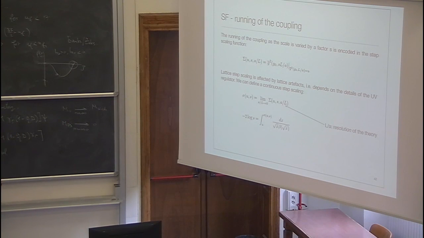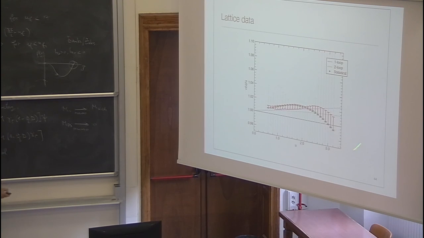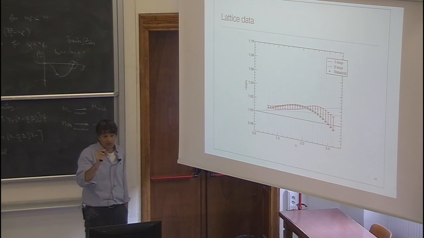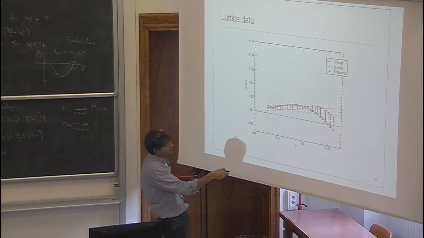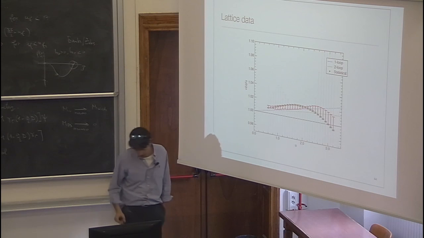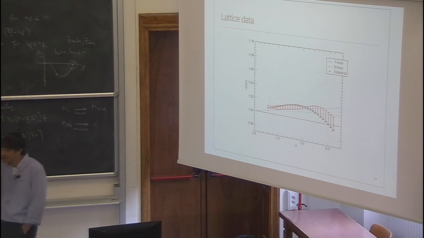And this gigantic error bar here, gigantic again, look at the scale, it's a few percent. But the point is that the effect that you're trying to see as you get closer and closer to the fixed point is a very tiny effect compared to the lattice artifacts, okay?